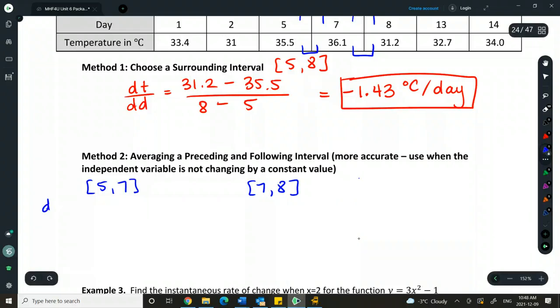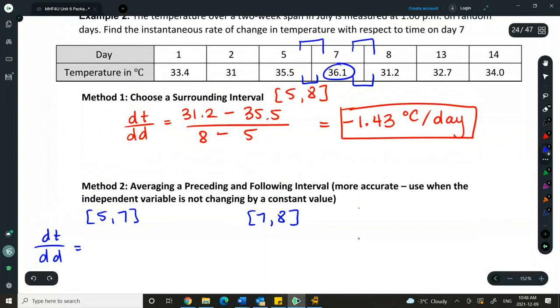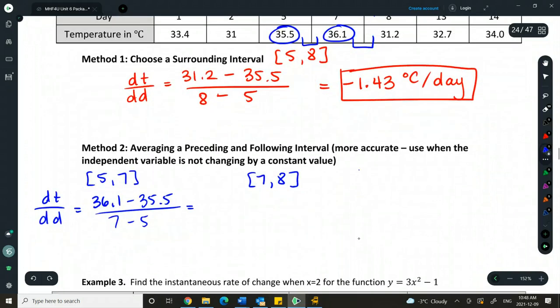So the change in temperature over the change in the day from 5 to 7. So 36.1 degrees minus 35.5 degrees over 7 minus 5 for the first one.